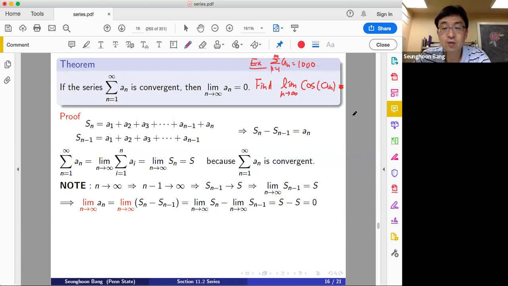So this is the equation. What's your answer? Could you write your answer on the chatting board? We have the one assumption: the summation from n equal to 1 to infinity of a_n equals 1000. Find the limit of cosine of a_n as n approaches infinity. What is your answer?